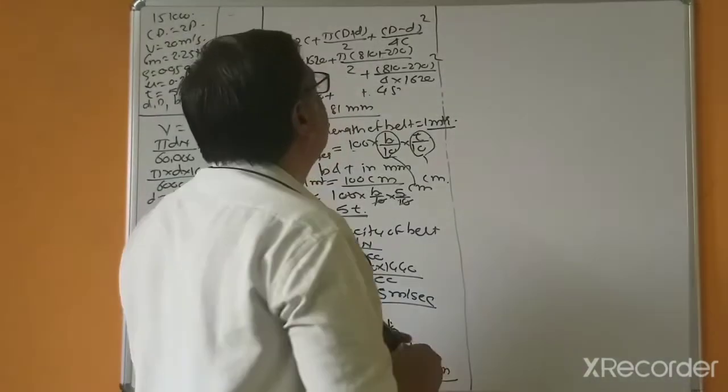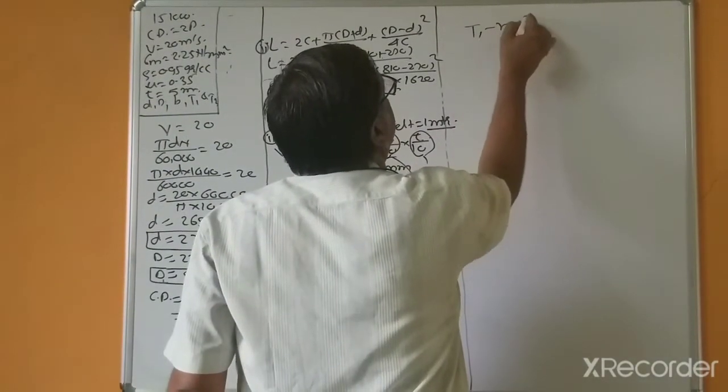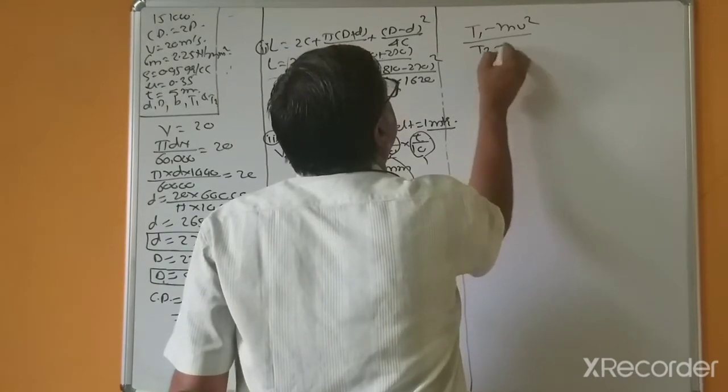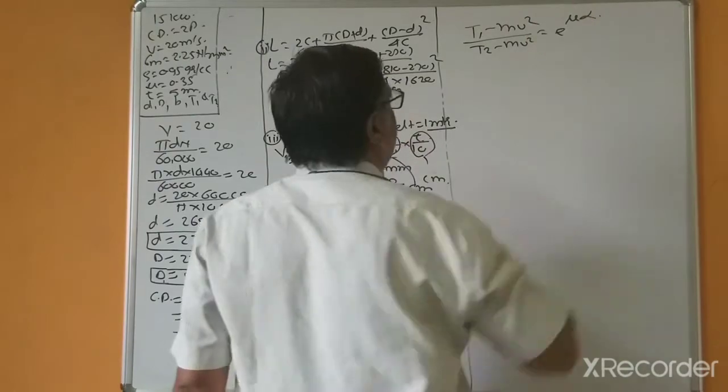Now we have to use the relation (T1 minus mv squared) divided by (T2 minus mv squared) equals e to the power mu alpha.